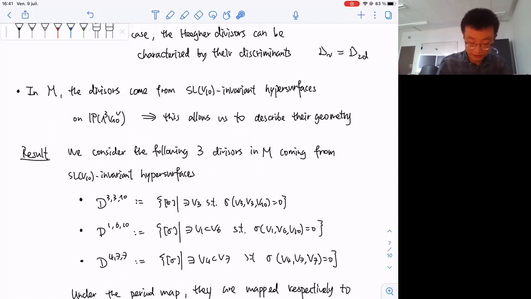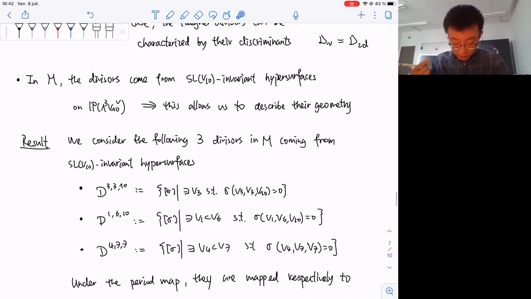Here I denote them by 3310, 1610, and 477, because there exist some subspaces over which we have a certain degeneracy. For example, 3310 means that there's a V3 contained in V10 such that sigma vanishes on V3, V3, and V10. This is clearly an SL(V10)-invariant condition.